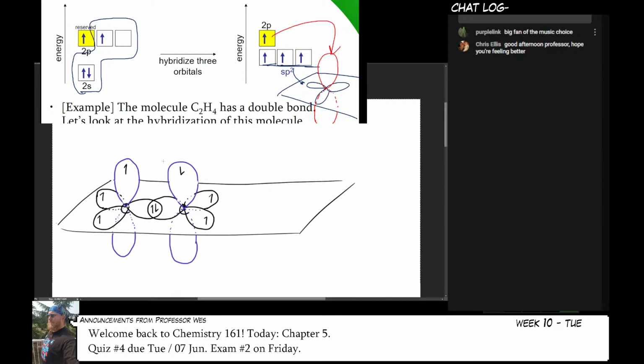In fact, we'll just erase these electrons and do these in a different color, so you know which electrons belong to which carbon. So there's the left carbon, and we'll make the right carbon this blue color. There we go. So there's the 4 electrons from each carbon.